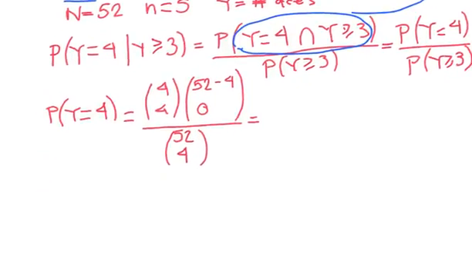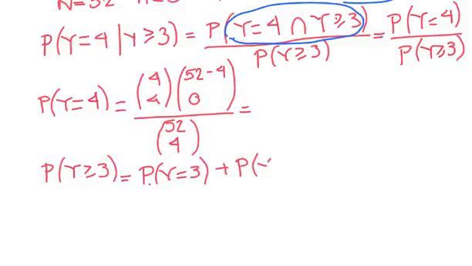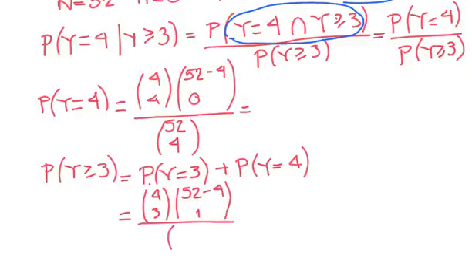And then the second one, this is Y greater or equal than 3. So this should be Y equals 3 plus Y equals 4. So Y equals 3, this is from the 4 aces, I want 3. And then from the rest, I want to select 1. And then divided by 52 combination 4. And then plus the result of the previous one.